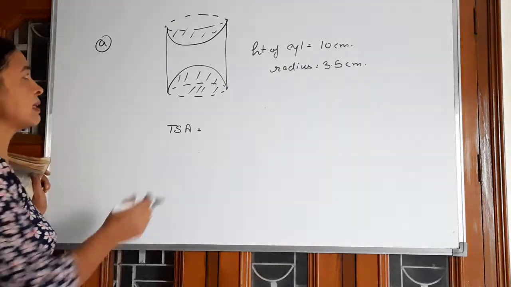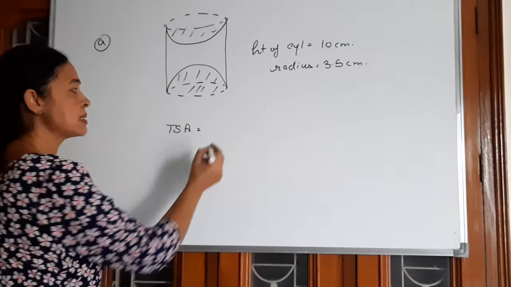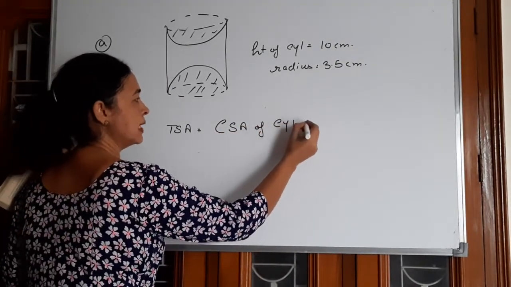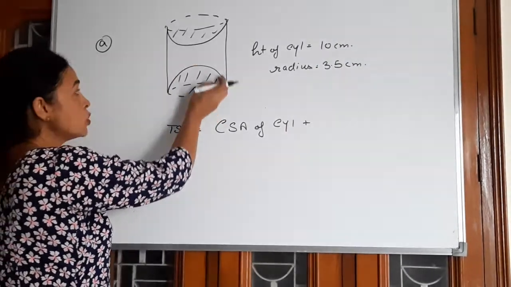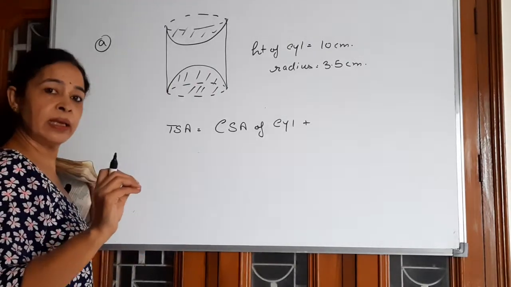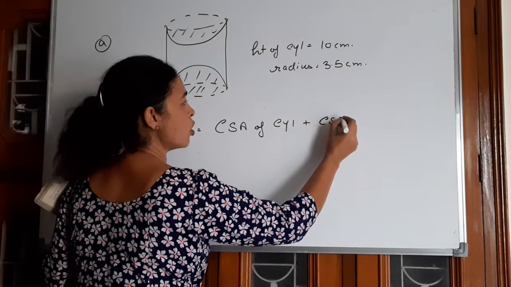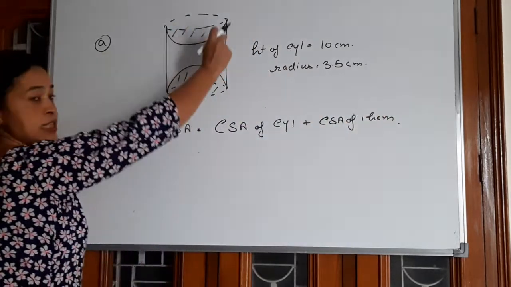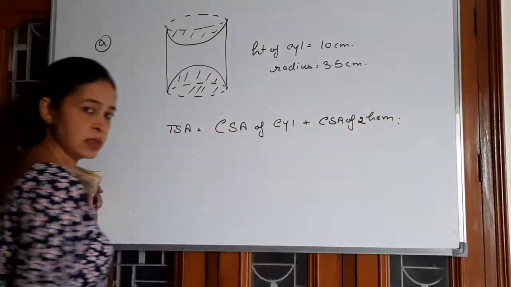Which portions we will color? This portion of cylinder. What is this? CSA of cylinder. Clear? Plus this inner portion which you scooped out from the log will not remain uncolored. We have to color that also. Plus CSA of one hemisphere plus CSA of this hemisphere also, so we will write CSA of 2 hemispheres.